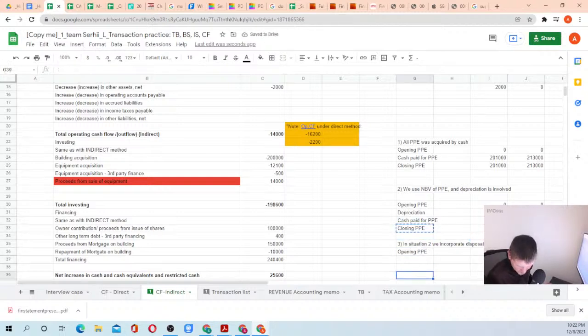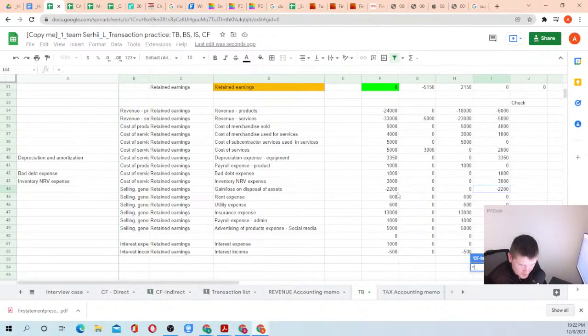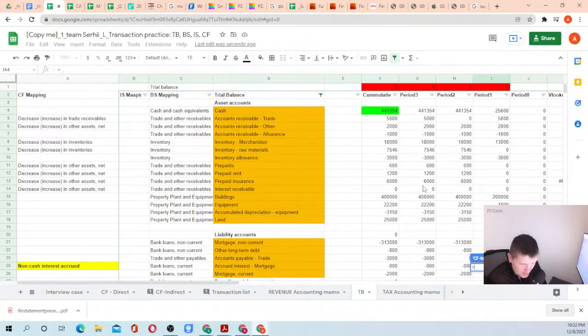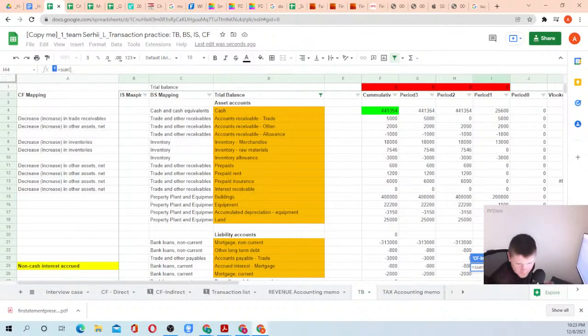We have closing PP&E, and we use net book values. Let's go to the trial balance and get our closing number for period 1, so all after depreciation and disposals.